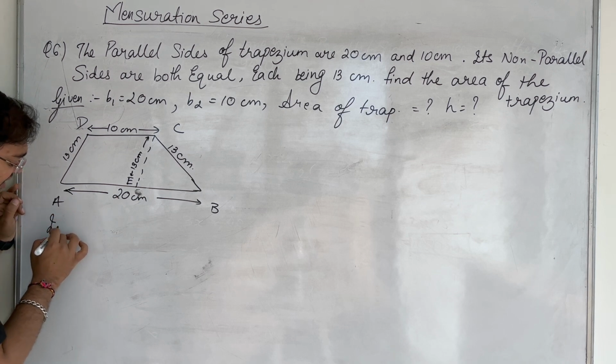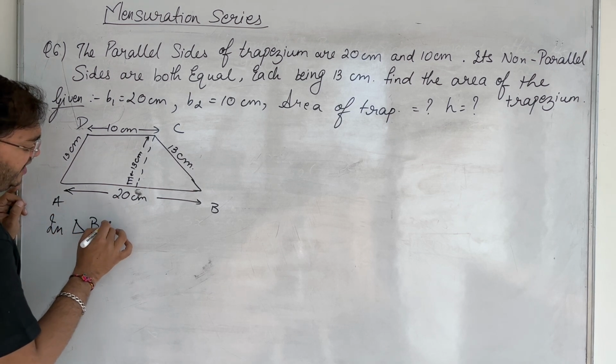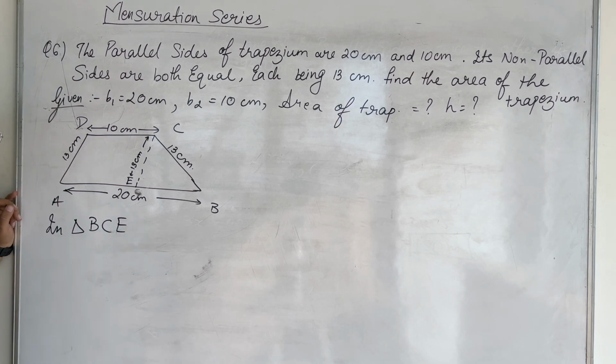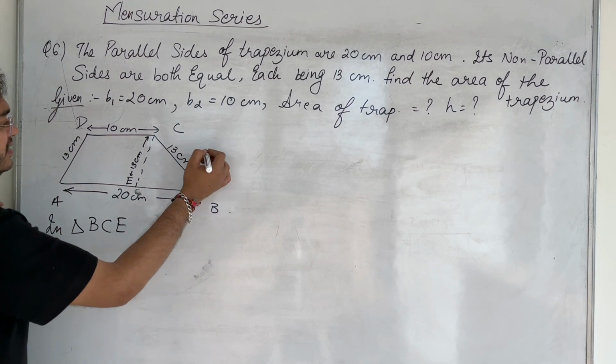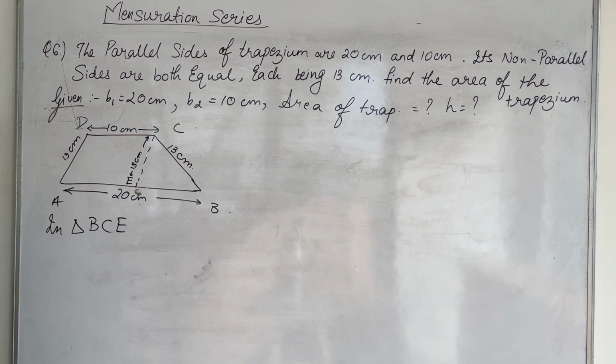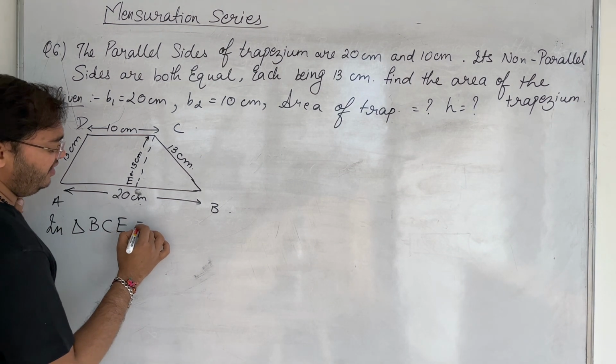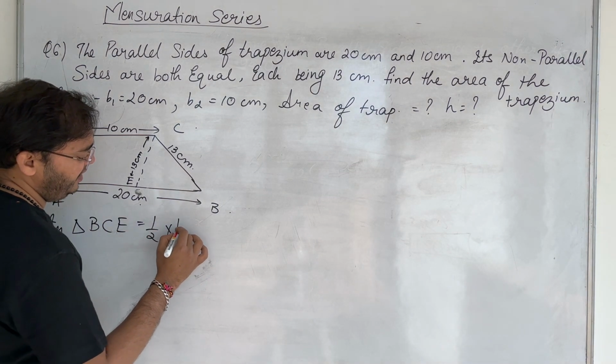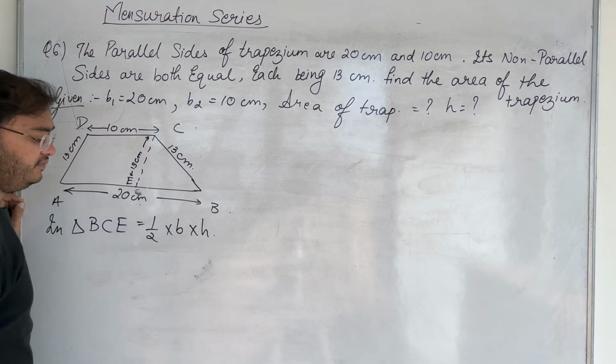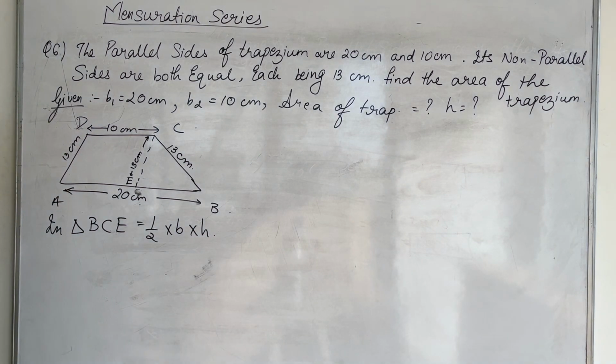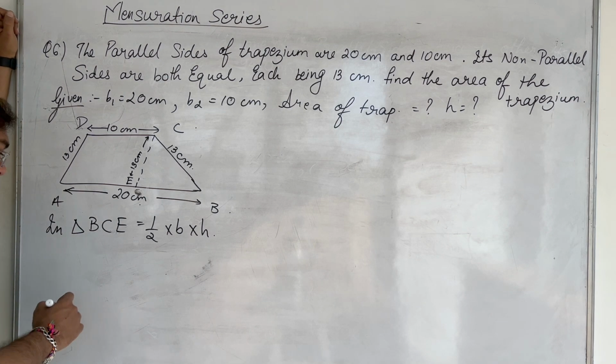So in this triangle BCE, what's the formula for the area of a triangle? That is half into base into height. This is the formula, but we have to find the area of the trapezium. We don't need this formula. So what are we going to do?